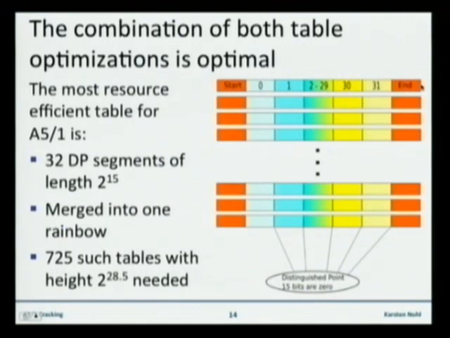So this is drawing in the best features of both worlds, and the number 32, of course, was found through an optimization problem and seems optimal for the 2 to the 57 key space. I'll be happy to share the calculation with you if anybody's interested. Point being, though, we did a lot of calculation to make sure you're not computing too much. This is, from all that's known cryptographically, the best possible pre-computation attack on A5/1.